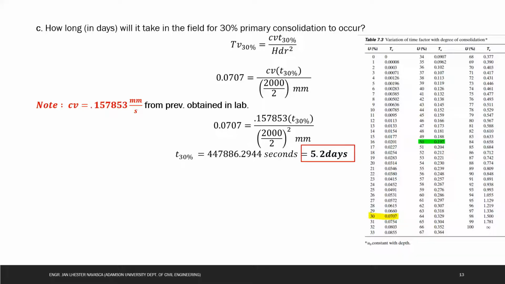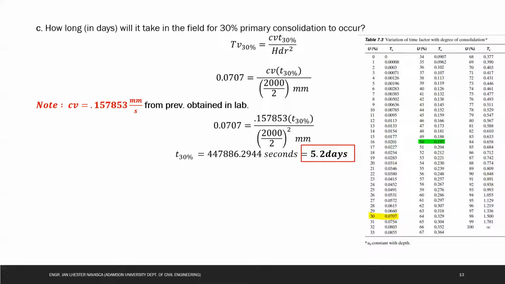Just take note that if you have a new degree of consolidation, you have a new time factor T sub V. Different consolidation, different time factor. In problem B, you have 50% consolidation, it took 14.4 days.